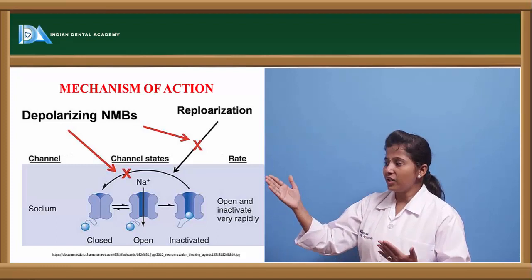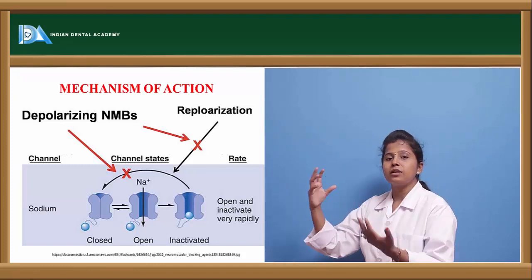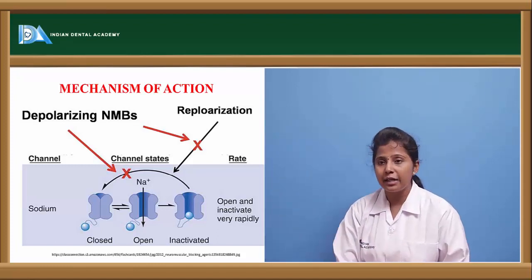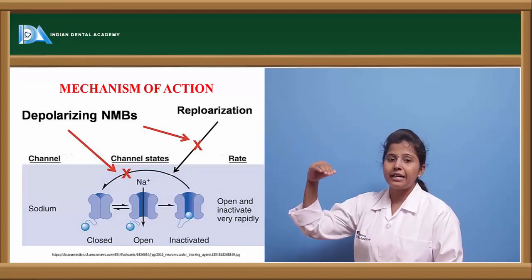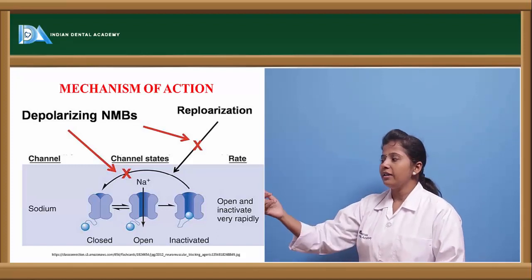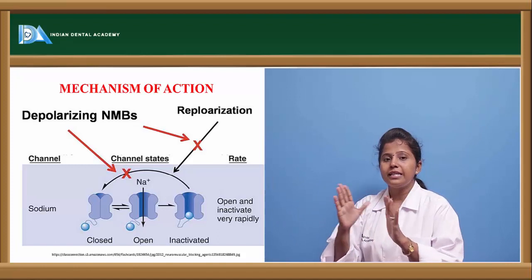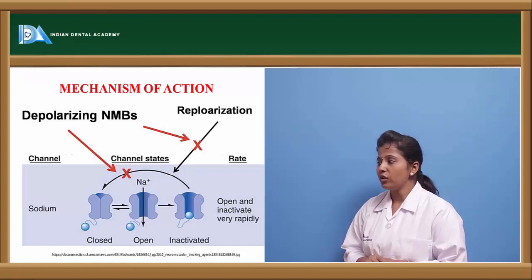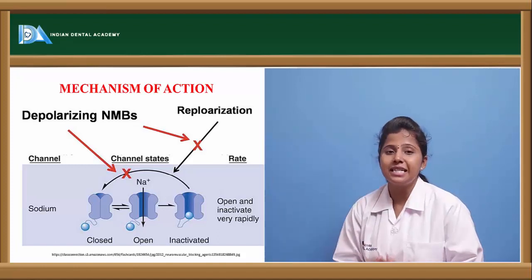And when it is converting into active form, the knob is getting opened, and thereby the entry of sodium takes place. In the closed form, the channel completely closes, or else we can say it is in the resting state.